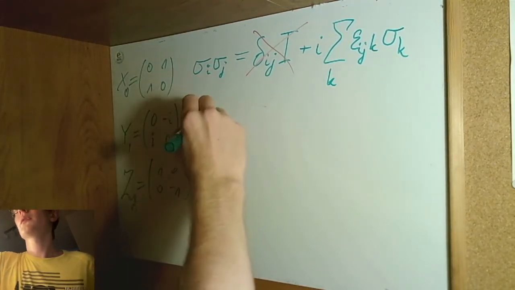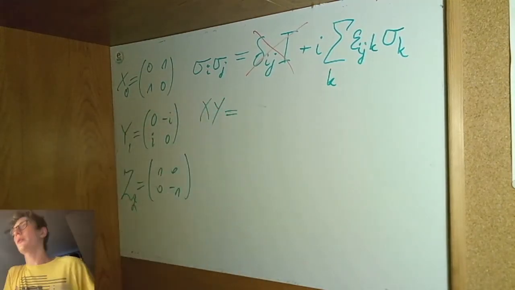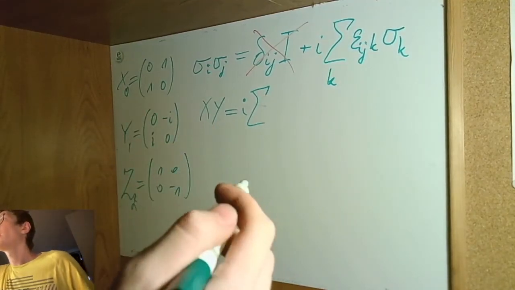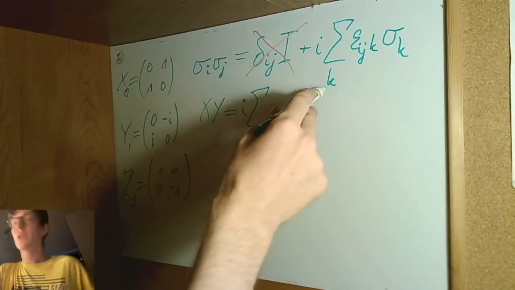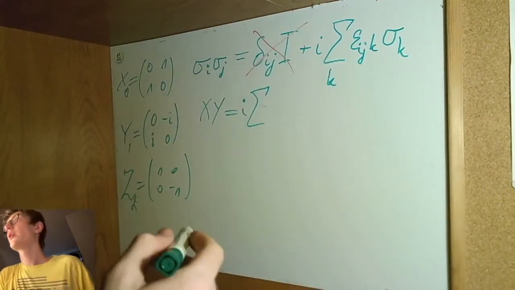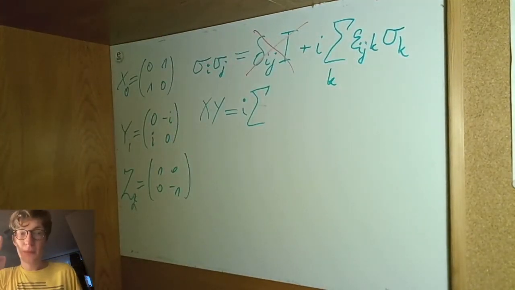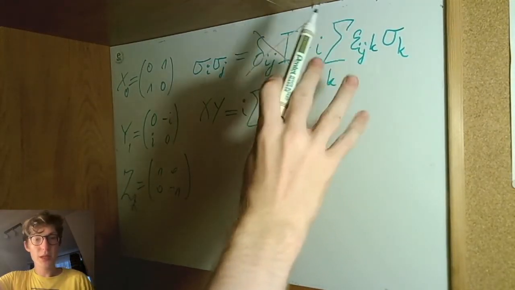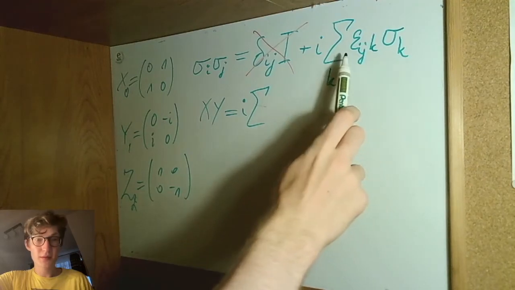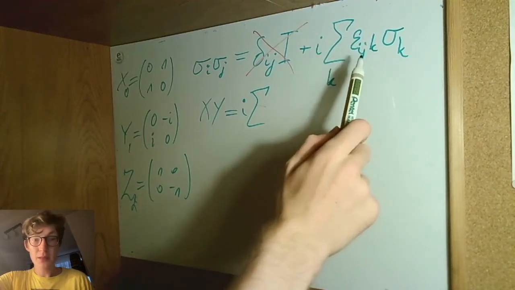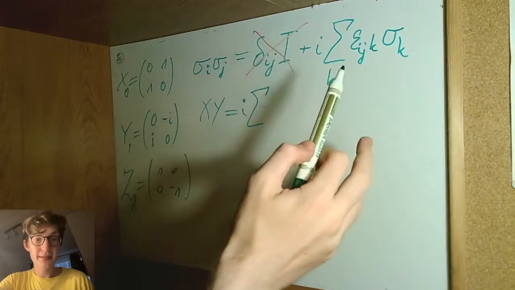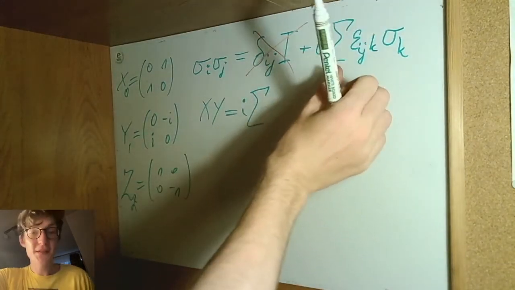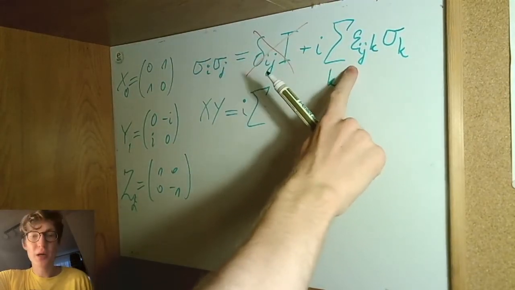So let's write it this way. We have i, some sum over k, which can be 0, 1, or 2, right? But pay attention to that. If any two indices in this symbol repeat, then it's 0, so we can neglect those cases in which k is one of these.